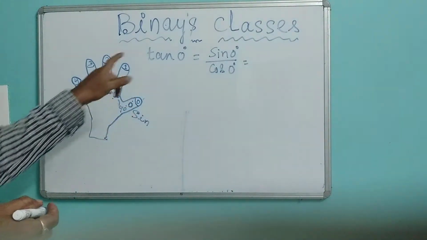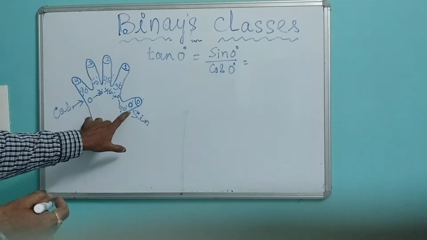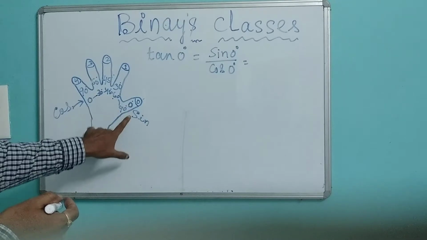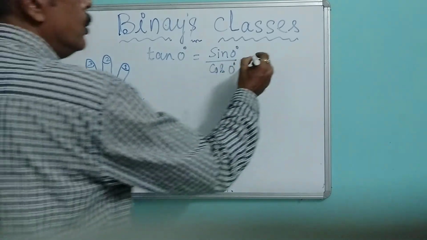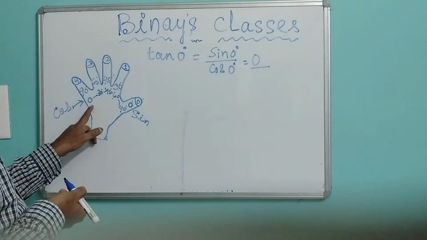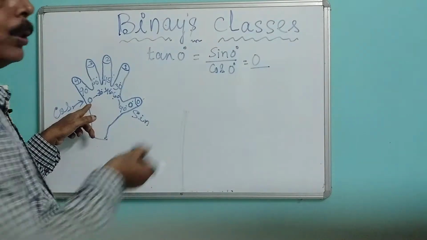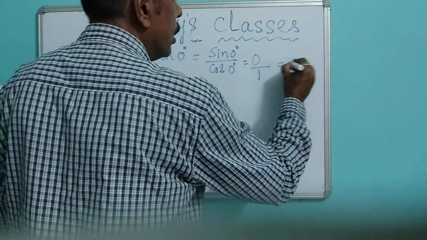If you have not got it, you have to calculate sin 0 immediately. The value of sin 0 you know, 0 by 4 root over is 0. Cos 0, finger number 4, 4 by 4 root over is 1. So 0 by 1 will give you 0.